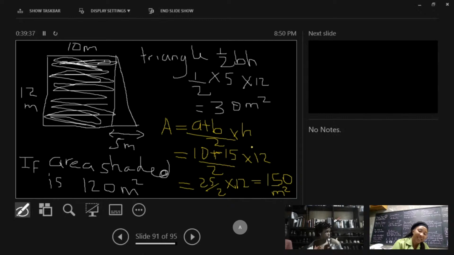All right, so what I'm saying, they told us the area of the shaded region, right? So all you have to do is find the area of the triangle and then add it back. Just add it back. We would get the 150 meters squared, right?